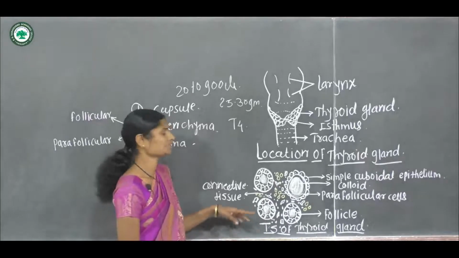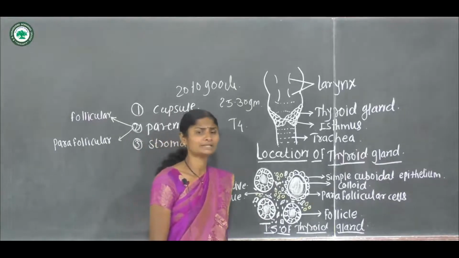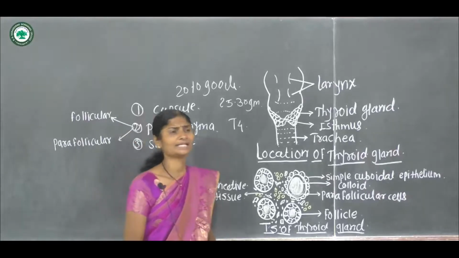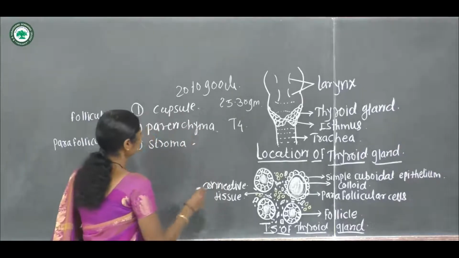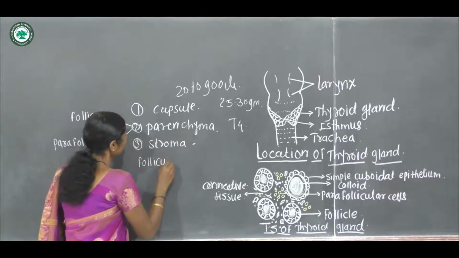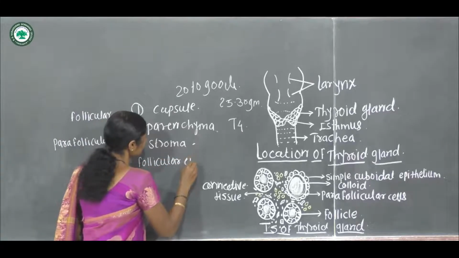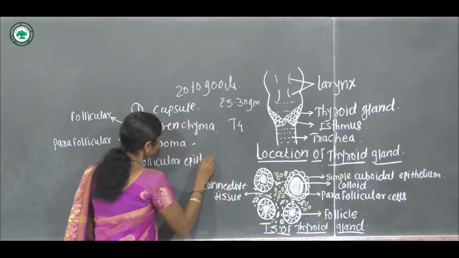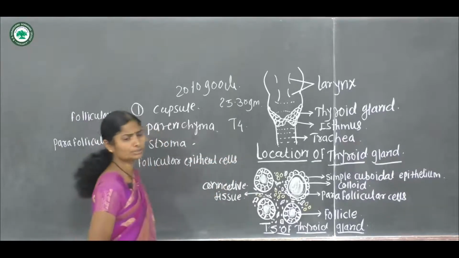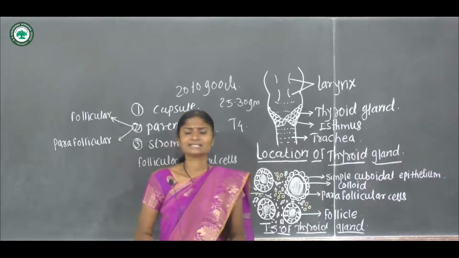So this gland is divided into lobes and lobules. First, the follicular epithelial cells. The follicles mainly consist of follicular epithelial cells, which are simple cuboidal epithelial cells.